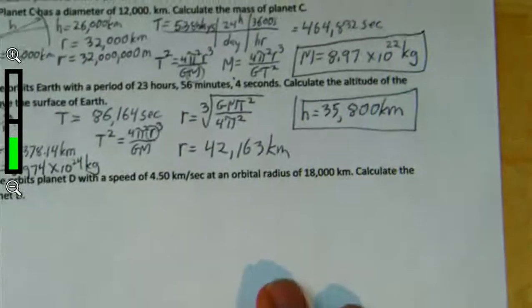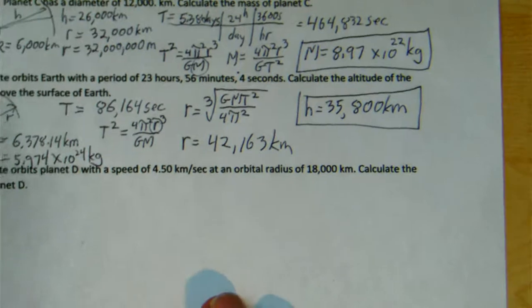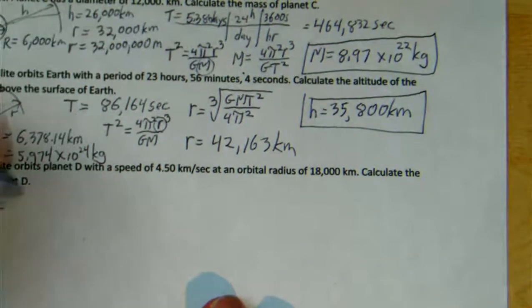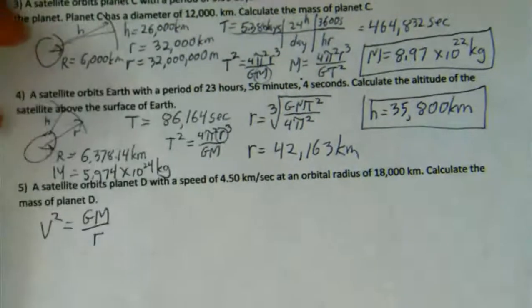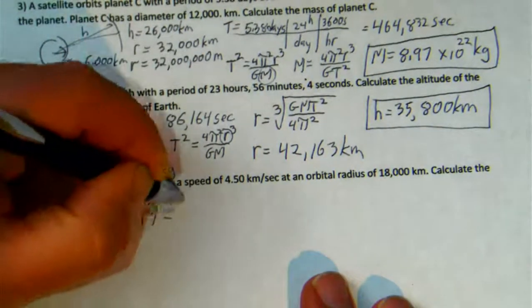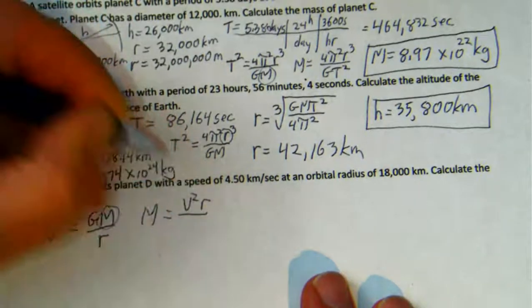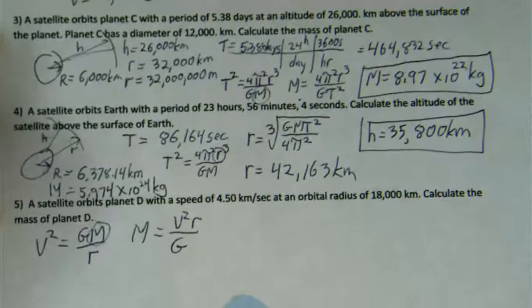Number 5. A satellite orbits planet D with a speed of 4.50 kilometers per second at an orbital radius of 18,000 kilometers. Calculate the mass of planet D. So v squared equals GM over r. Rearrange to solve for the mass. In this case, the mass is v squared r divided by G, and we have to work in the correct units.